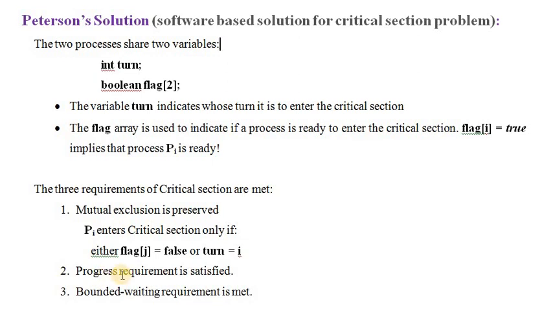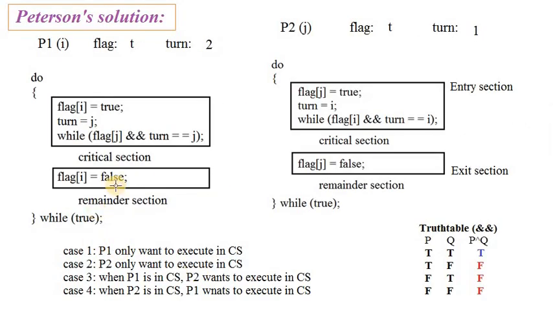Next, progress. The progress requirement is satisfied. What is meant by progress? When one program exits from the critical section, it should allow the second program to enter into the critical section. It should not restrict the second program from entering. So here, when program 1 is exiting from the critical section, it is allowing the second program to enter.